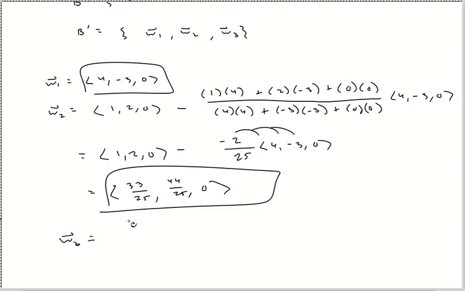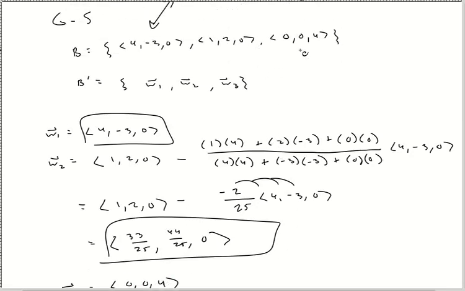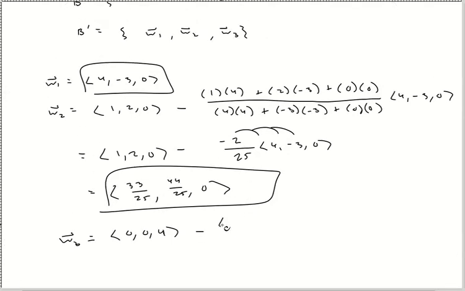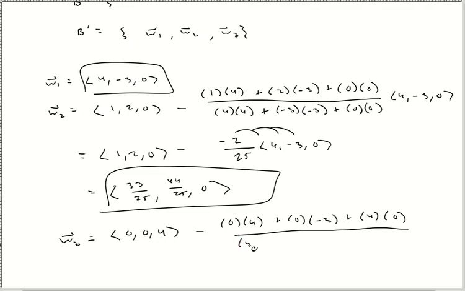W3 is going to be a long one. It's that last vector, the 0, 0, 4, but then I need to do that same subtraction business with each of the first and second answers. So 0 with the 4, 0 with the negative 3, and then 4 with the 0. Interesting stuff. You could probably see what's going to happen here. And then times my answer right there.